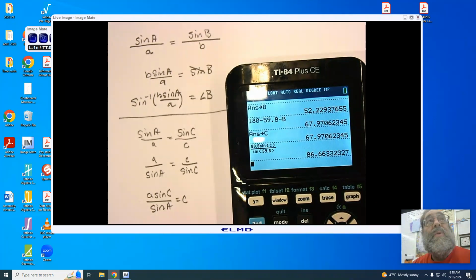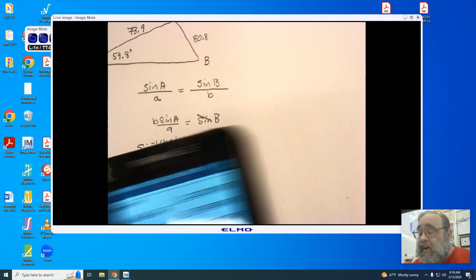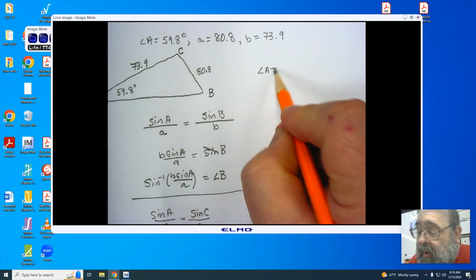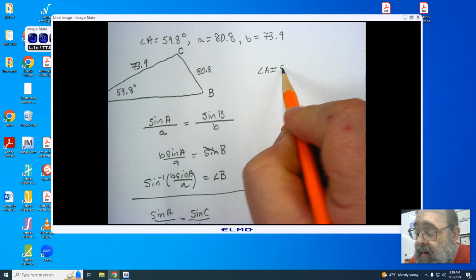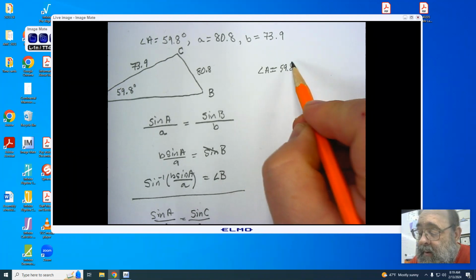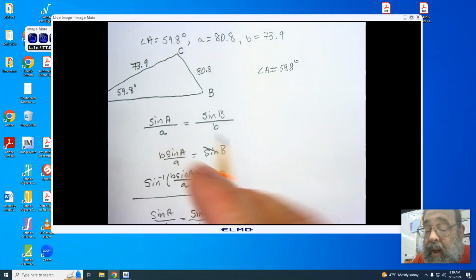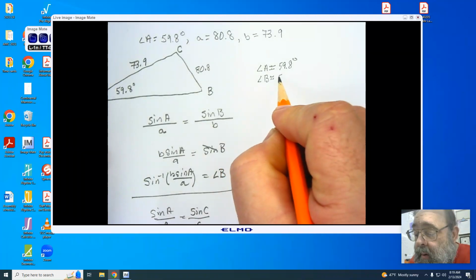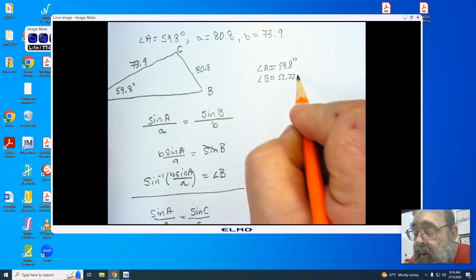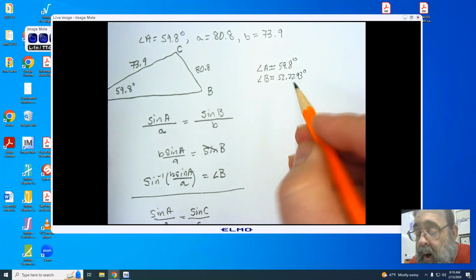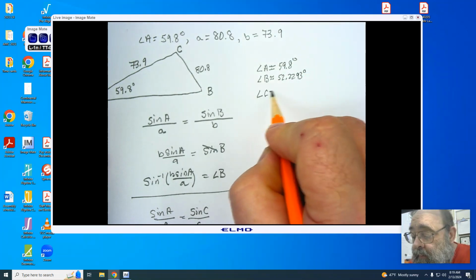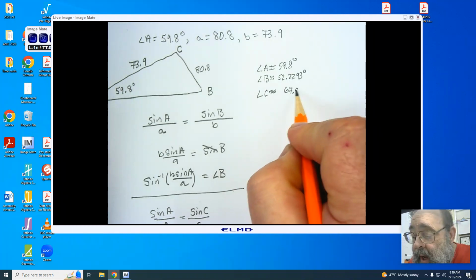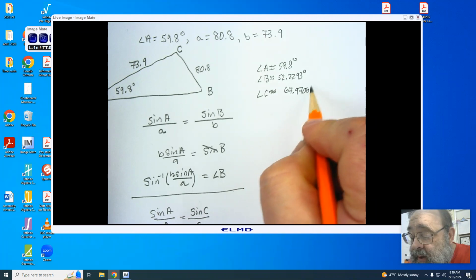Now, in order to finish this, we're going to write all of the information down in our solution set. Angle A is equal to 59.8 degrees. Our angle B was 52.2293 degrees. Our angle C was approximately 67.9706 degrees.